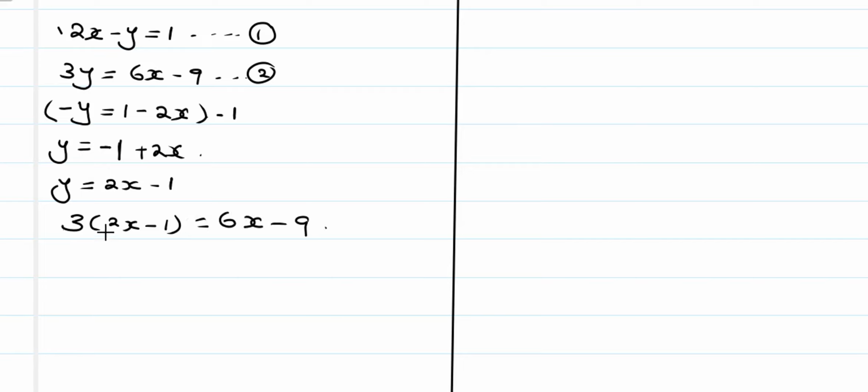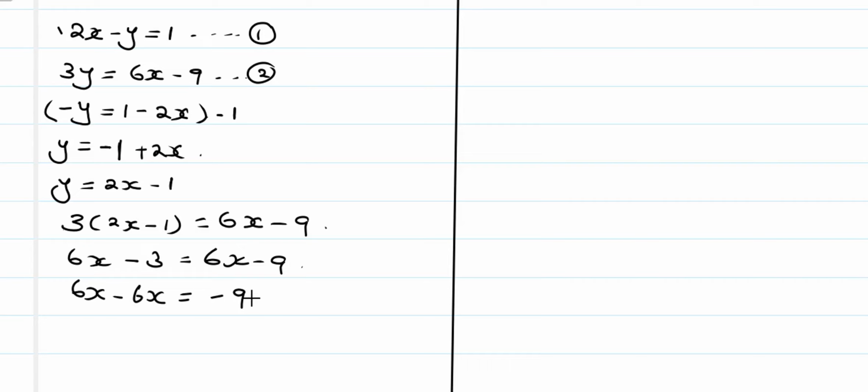So here it becomes 3 by 2 is 6x, minus 3 multiplied by 1 is negative 3, is equals to 6x minus 9, like that. So if I take this 6x on the other side, it is 6x minus 6x, this taken to the other side, is equals to negative 9, this one.